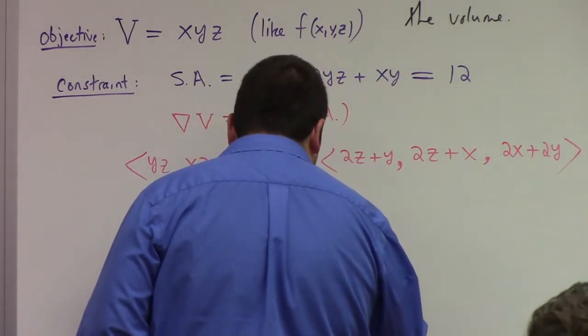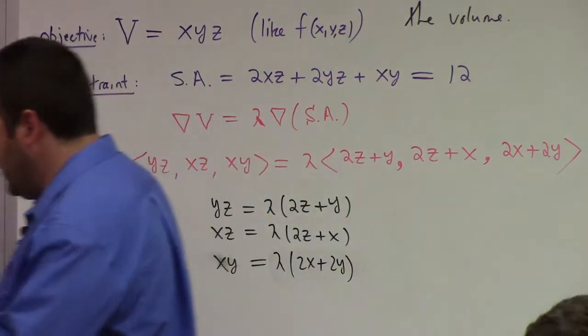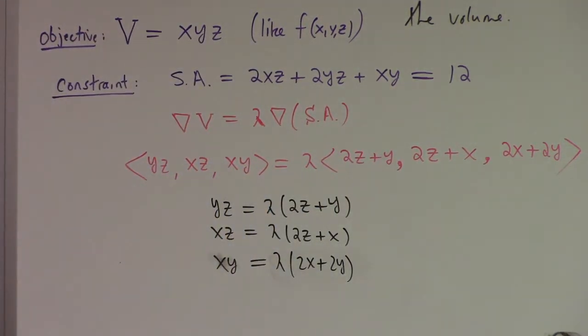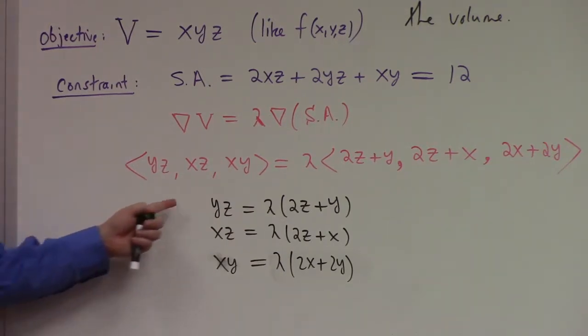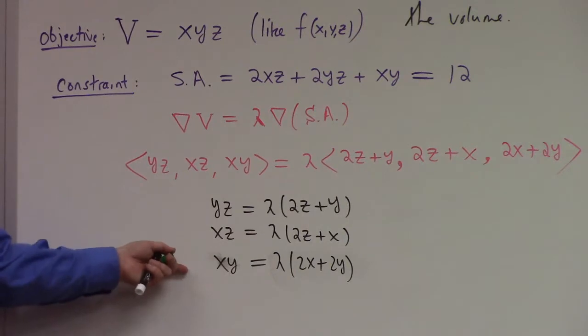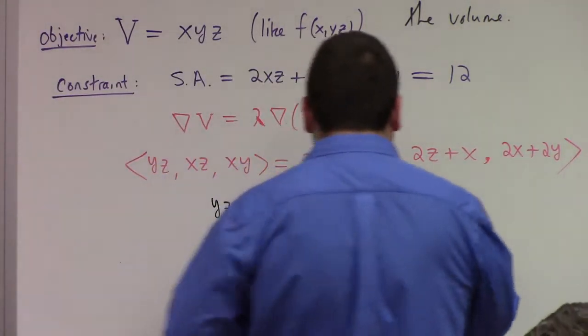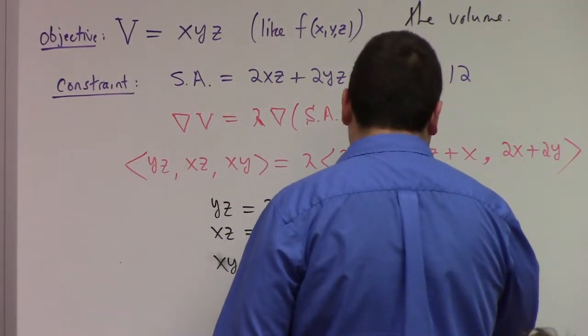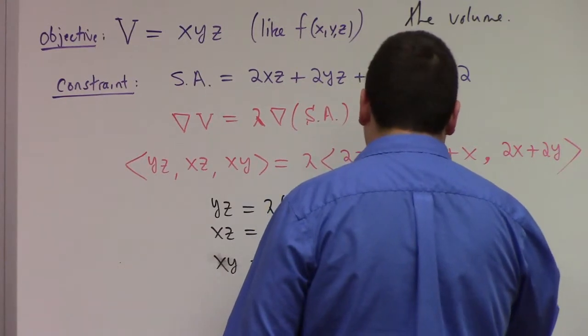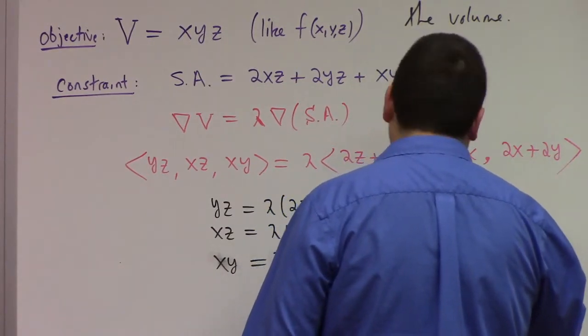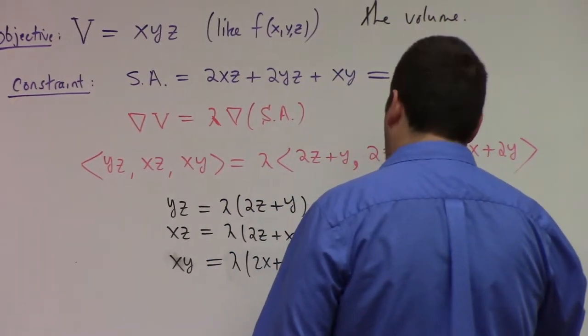My next move is to make everything easy to match up. I just multiply each one by what's not there. The first one I multiply by x, the second one by y, the third one by z, which gives me xyz, xyz, xyz. So xyz is equal to lambda times 2xz plus xy.